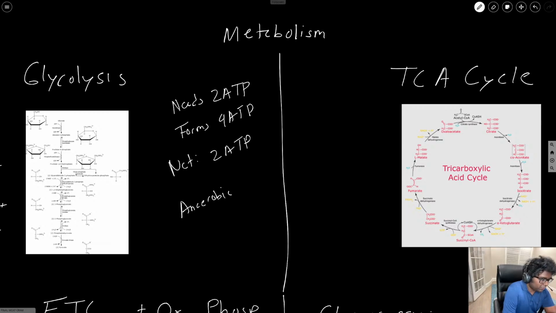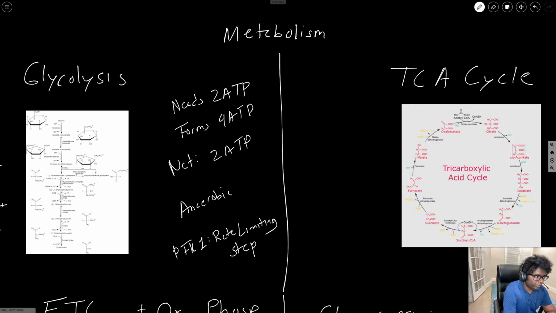PFK, I'll write this one. PFK1 is a rate limiting step. That's essentially it. We can now move on to the citric acid cycle.